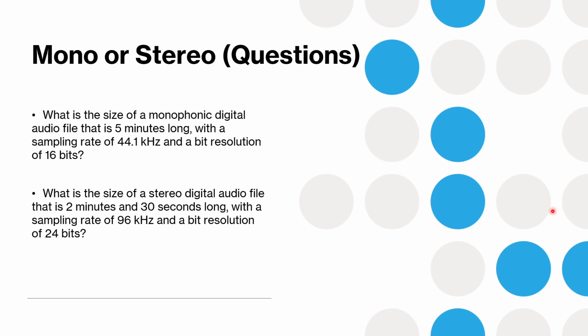So the final answer will be 26.4 megabytes. That is going to be the monophonic digital audio file size that we would have. Therefore, the size of a monophonic digital audio file will be approximately 26.4 megabits.